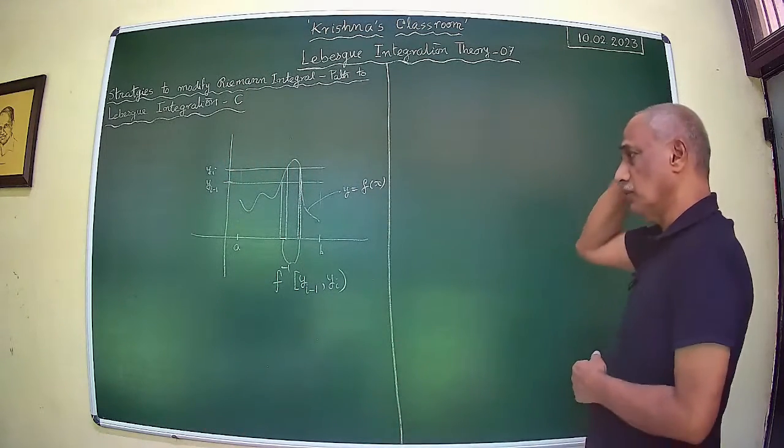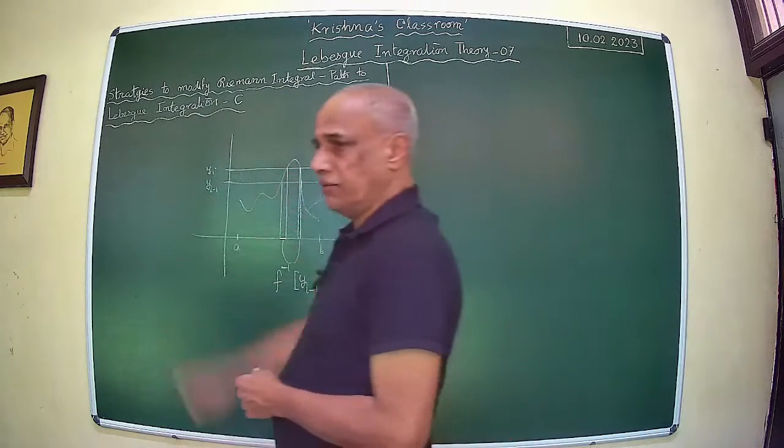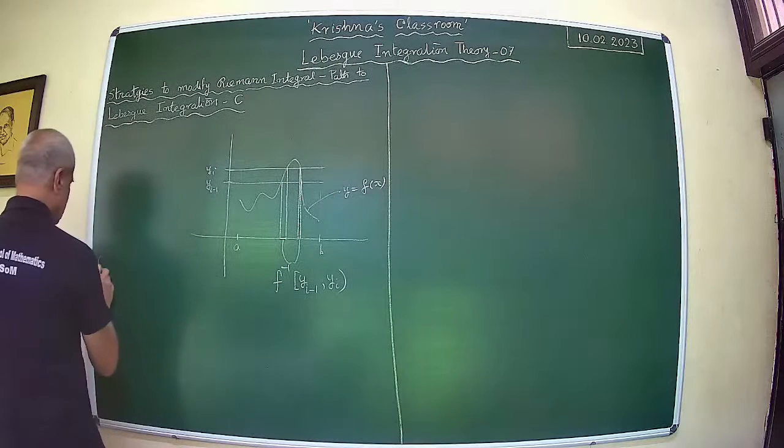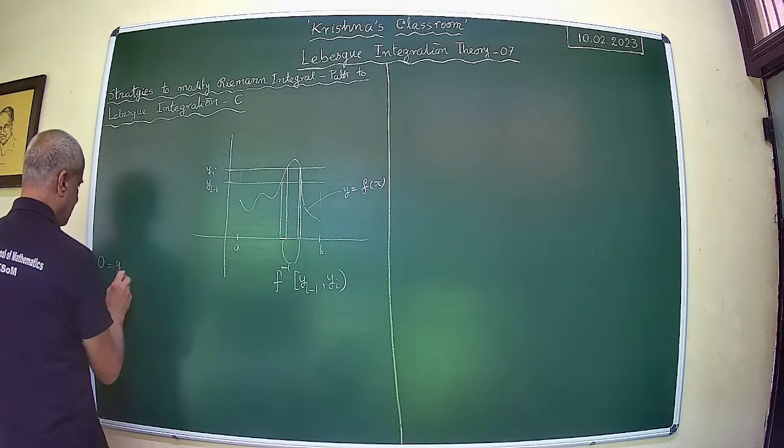And now, with respect to the partition that you have, the partition is going to be 0 = y_0 less than or equal to y_1 and so on.